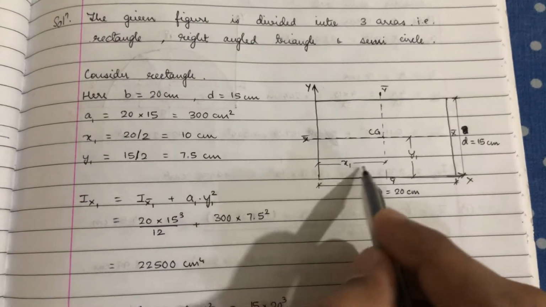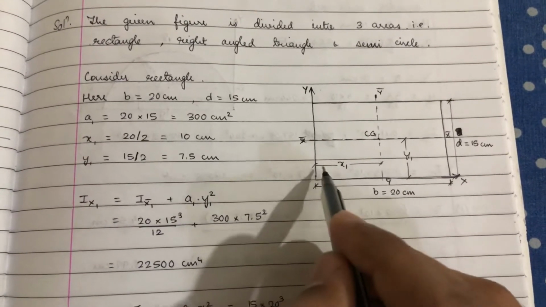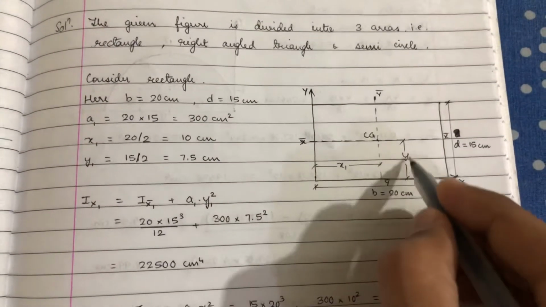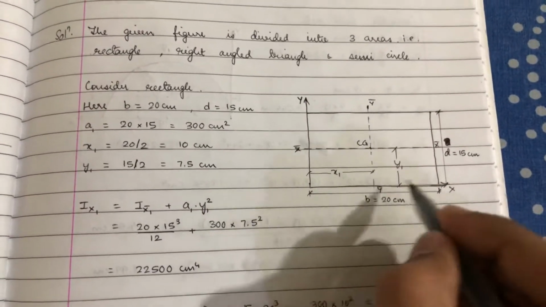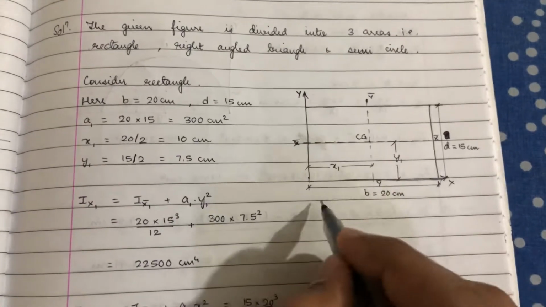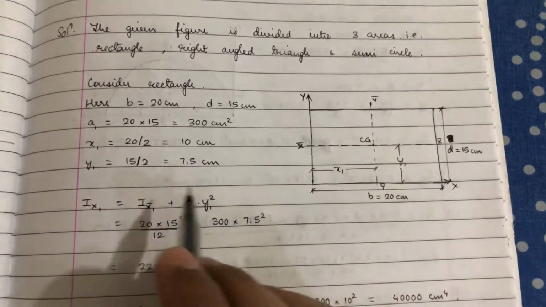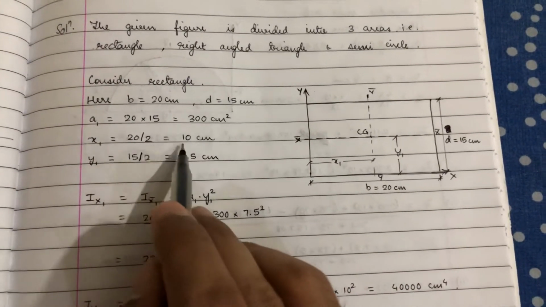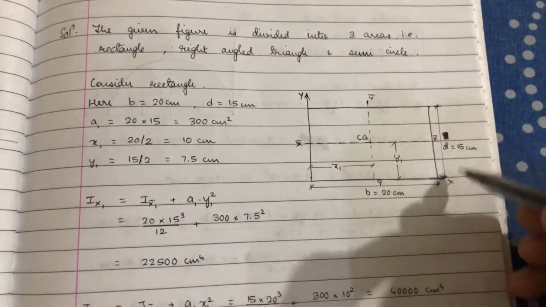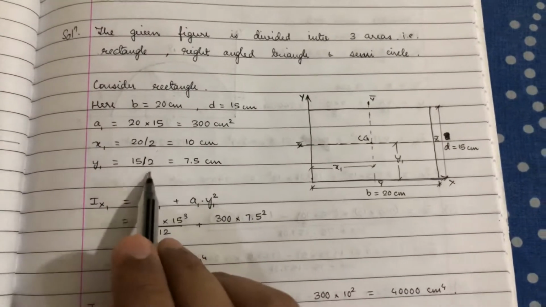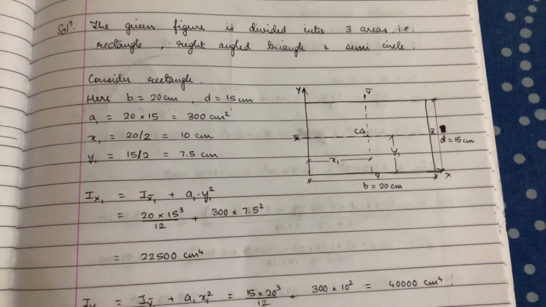This distance will be x1 with respect to y-axis, and this distance will be y1 with respect to x-axis. So x1 is half of the width, 20 by 2, that is equal to 10 centimeter, and y1 will be half of the depth, that is 15 by 2, equal to 7.5 centimeter.